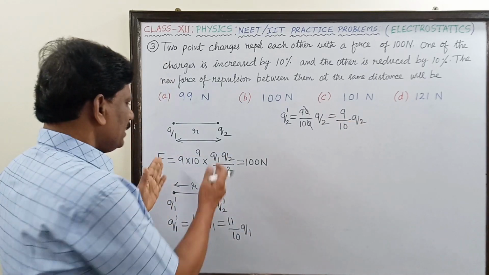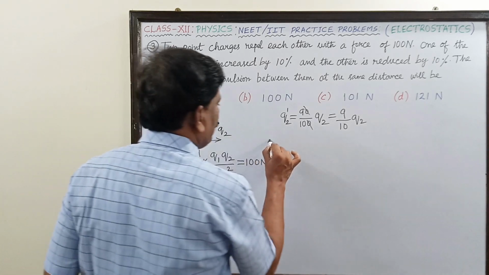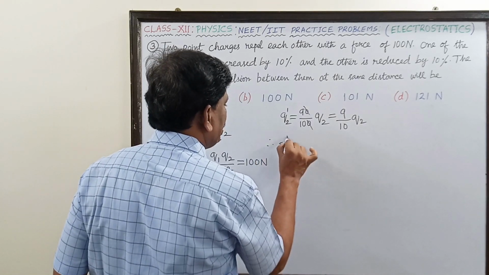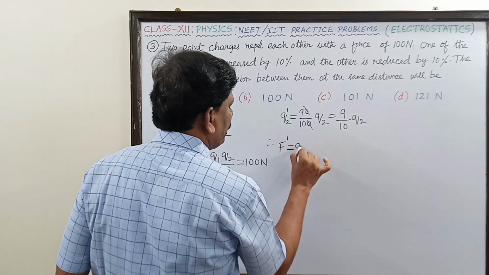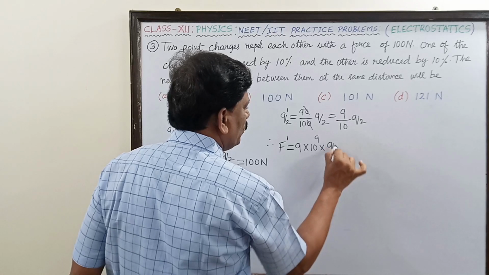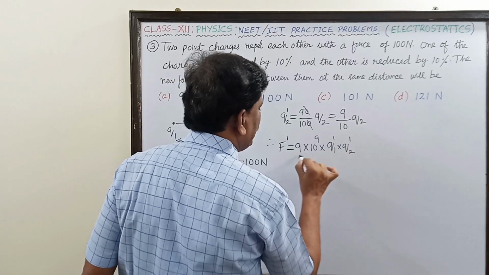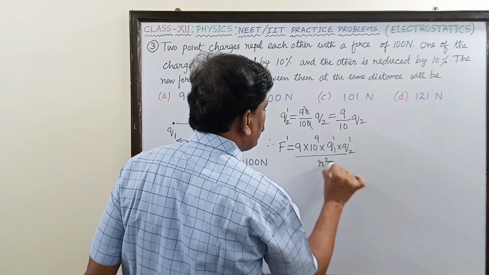Now what is the new force between them at the same distance of separation? Therefore the new force I will take as F dash. So F dash is equal to 9 into 10 to the power of 9 into Q1 dash into Q2 dash divided by R square.